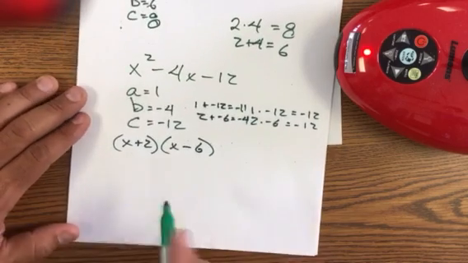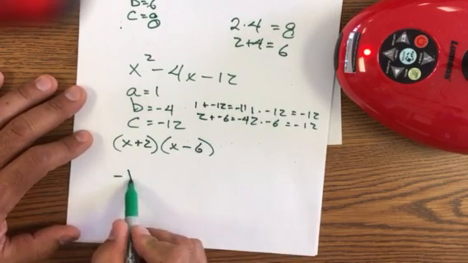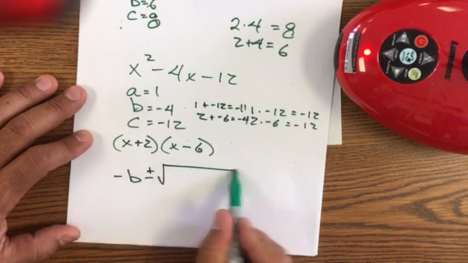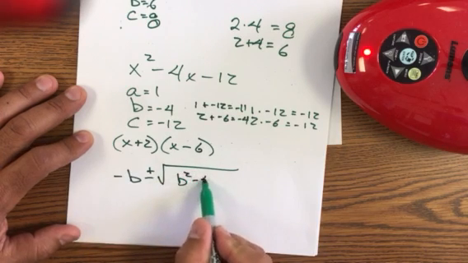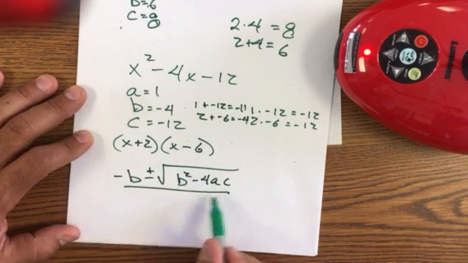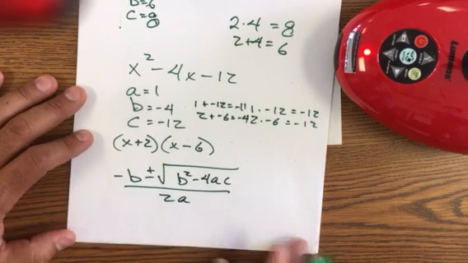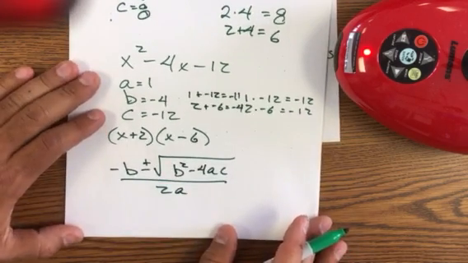So that's one option. Another option is the quadratic formula, which is negative b plus or minus square root of b squared minus 4 times a times c all over 2 times a. And I have a, b, and c right here.